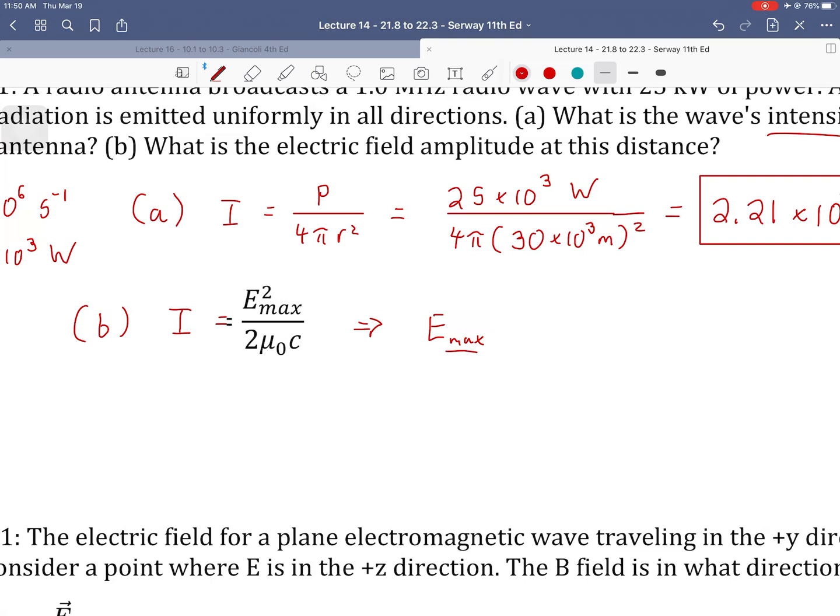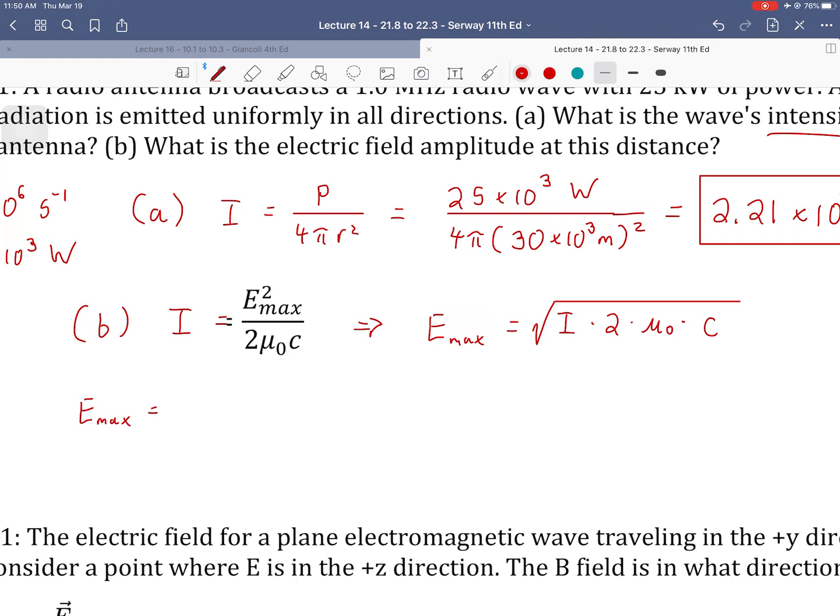The maximum absolutely represents its amplitude, because the electric field is varying. And so that's going to be equal to the intensity times 2 times the permittivity constant times the speed of light, all inside a square root. Then let's solve for that maximum electric field amplitude.